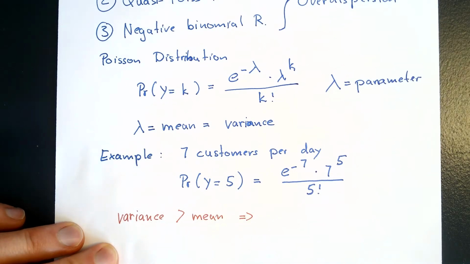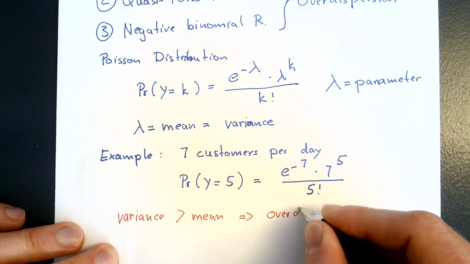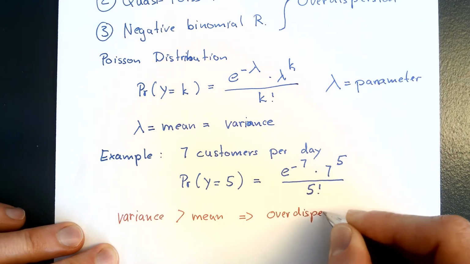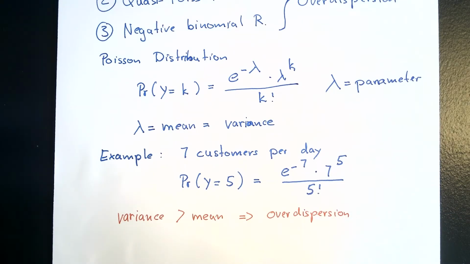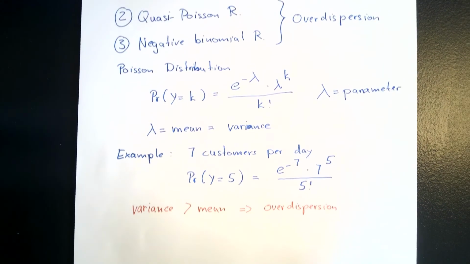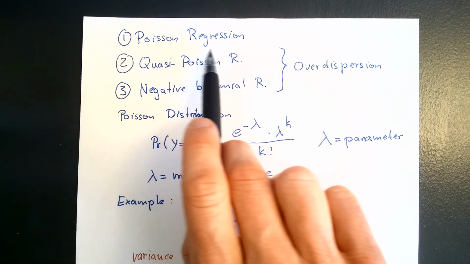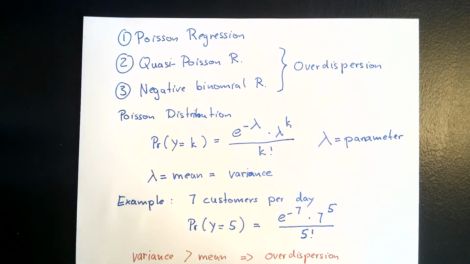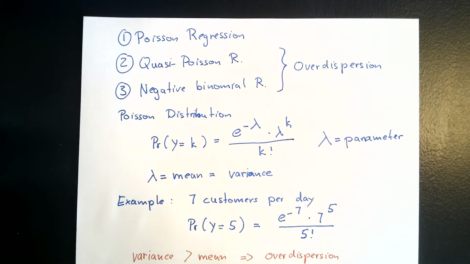In this case, you have over-dispersion. Now, if you have over-dispersion in your data, then you should not be using the Poisson regression model, but you should be using one or the other. Okay?